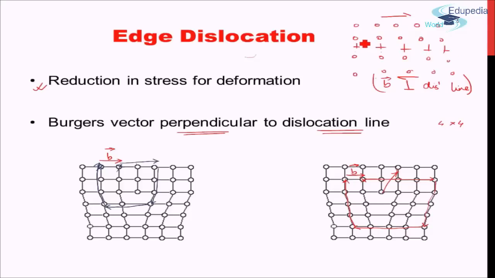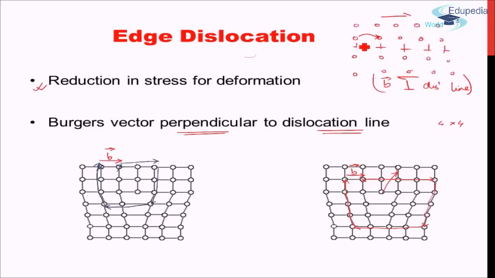Only then can a single step movement for the whole system take place, right? So you need a lot of shear stress to break the atomic bonds and move the atom by a single atomic distance, right? Therefore, a lot of stress is required for deformation if we have a perfect crystal.